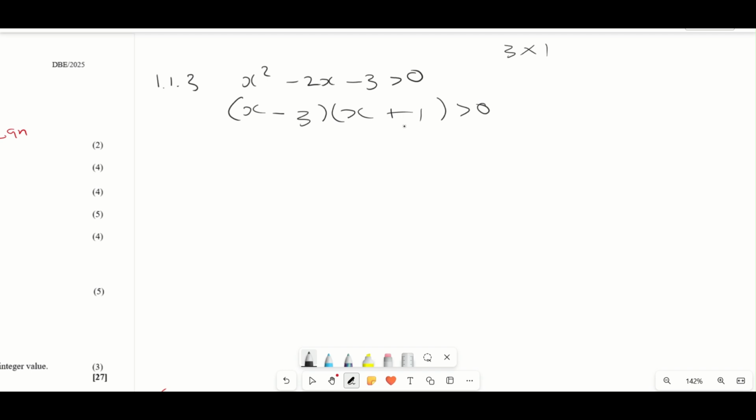So when I'm done with this, what I like to do is not have to draw the full quadratic graph, but we know if my x squared is positive, then I'll have a smiley face.